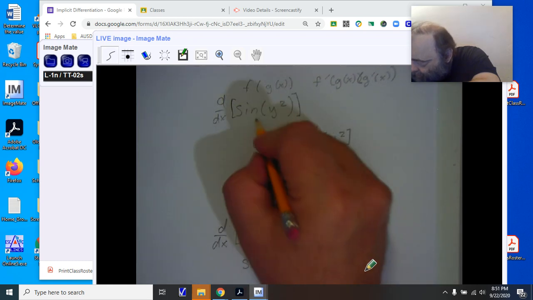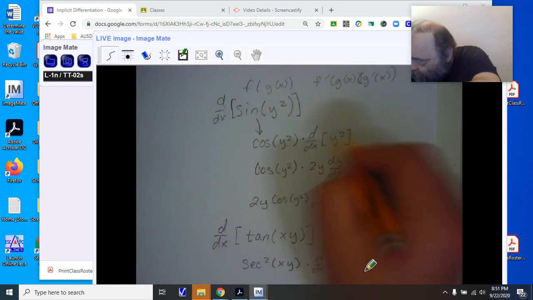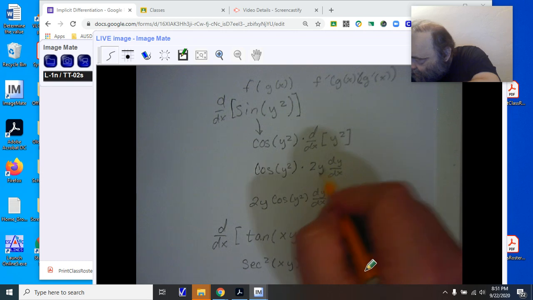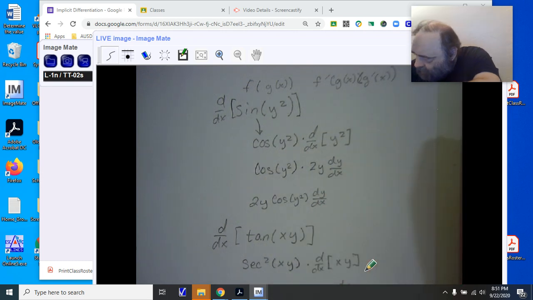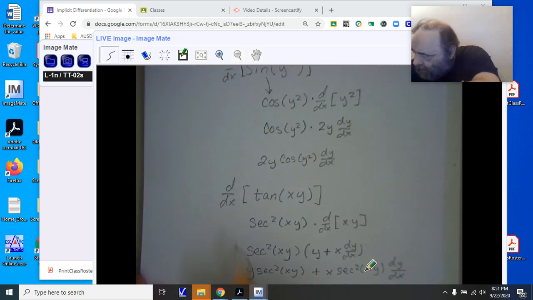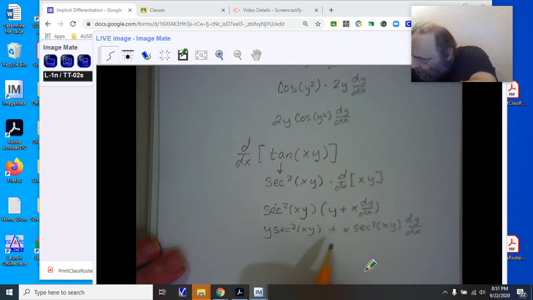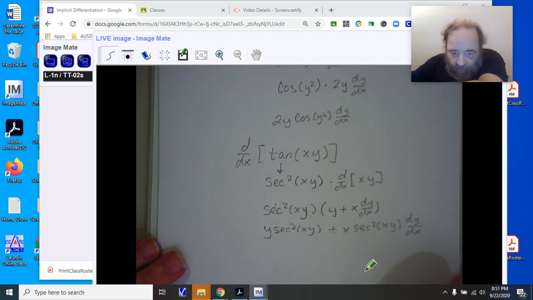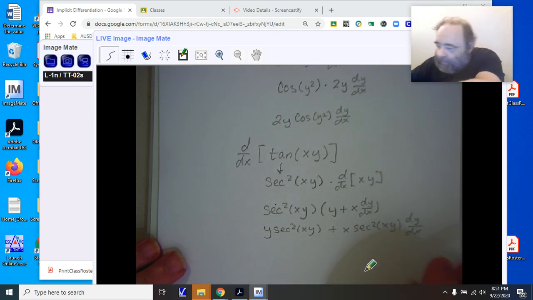That was our first derivative piece. Then we work with the derivative of the inside, and then we have our dy dx, which was the derivative of y. Move the 2y to the front. Next one. Take the derivative of the outside, leave the inside alone, then take the derivative of the inside. Notice this is now our product rule, and I then distribute the piece, and it's that distribution that tends to make it more disgusting, a little bit uglier.